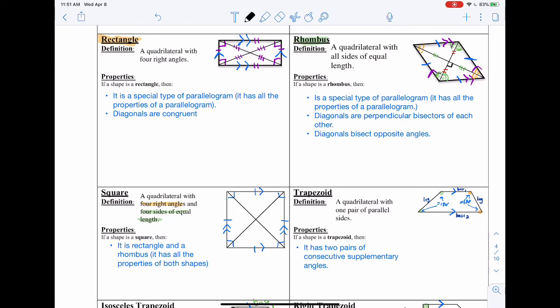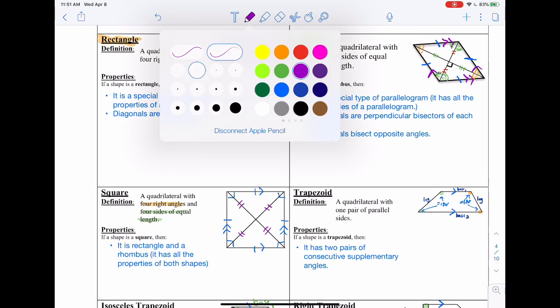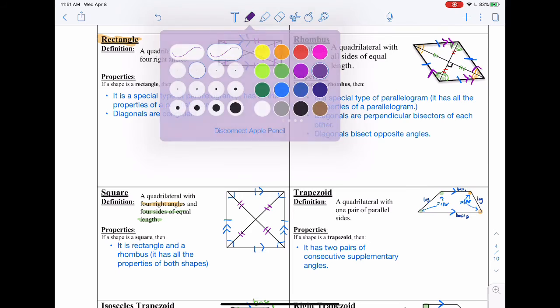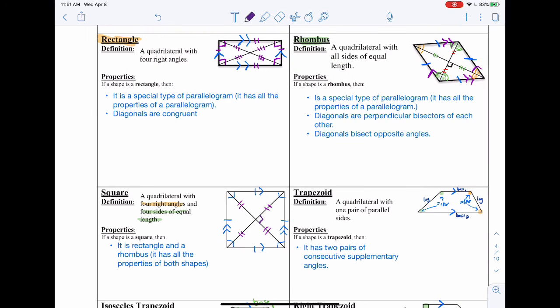All right. So because it's a rectangle, we know that diagonals are congruent. And since it's a parallelogram, they bisect each other. So all four of those segments are the same. And since it's a rhombus, we know that they are perpendicular bisectors of each other. We know that they also bisect the angles.